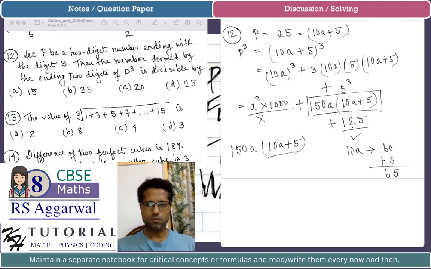Now that multiplied by 150 multiplied by a is a number that will end with 0.